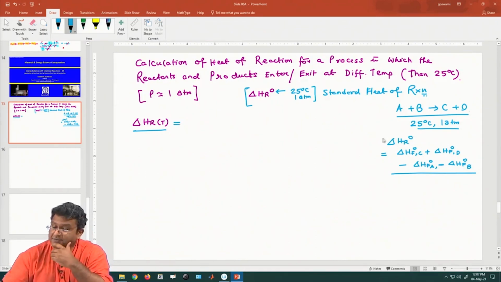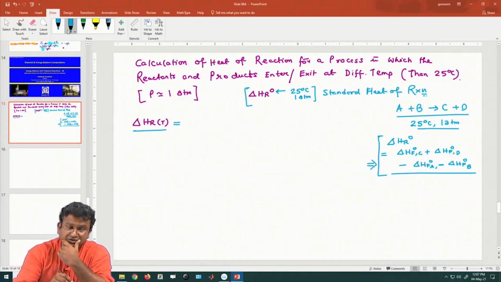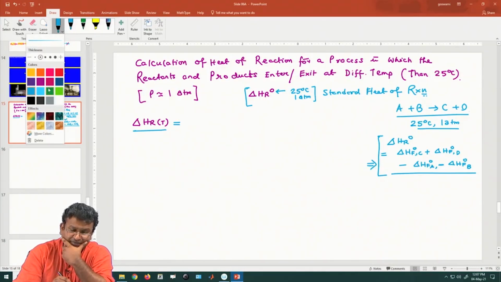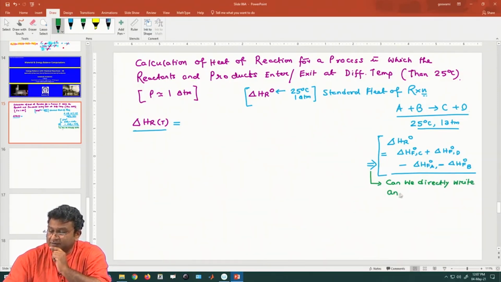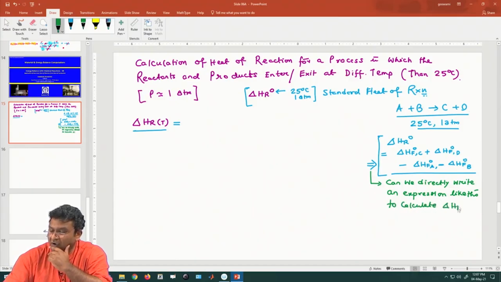If you want to write an expression similar to this at an elevated temperature. So, hypothetically, can we directly write an expression like this to calculate delta H r at any temperature?